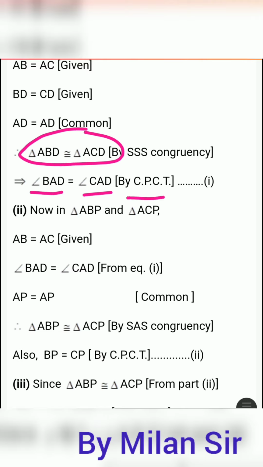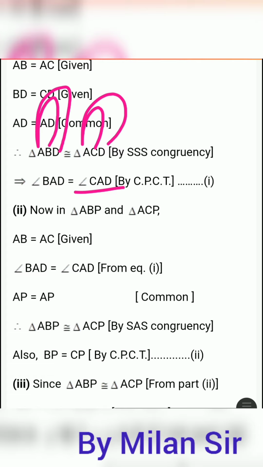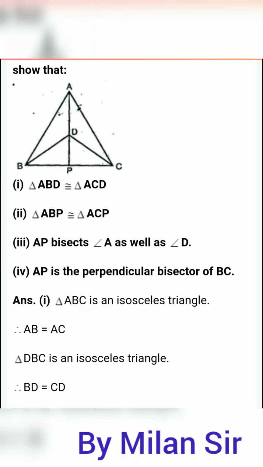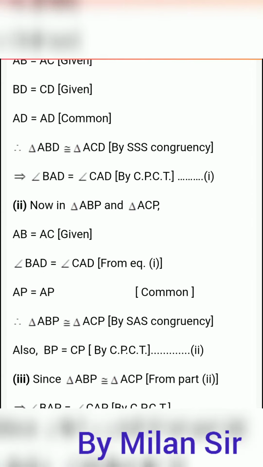Using the sequence second, first, third, angle BAD is equal to angle CAD. So these two angles are the same. Now in these two triangles, ABP and ACP, AB is equal to AC, because it is an isosceles triangle.